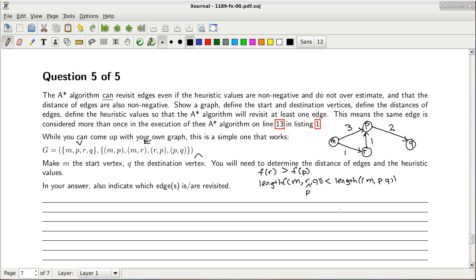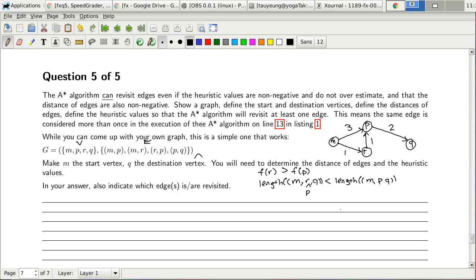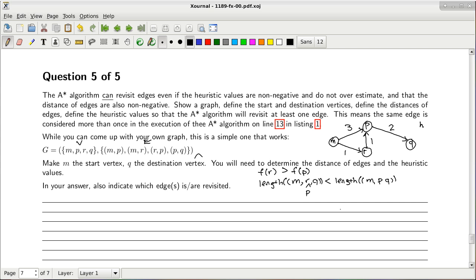Okay, so the key is the H values. We want to make sure that R doesn't look as attractive as P when we get there. So the H of P is going to be as small as possible because we want to make it attractive, and 0 is as attractive as it gets when it comes to heuristics.